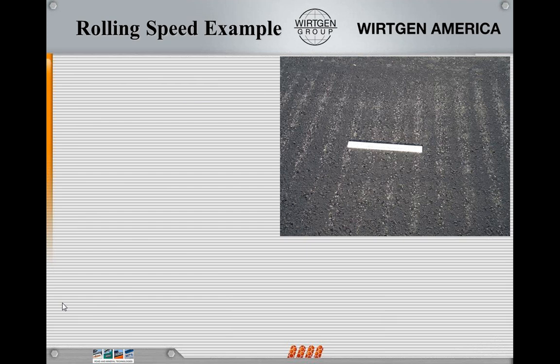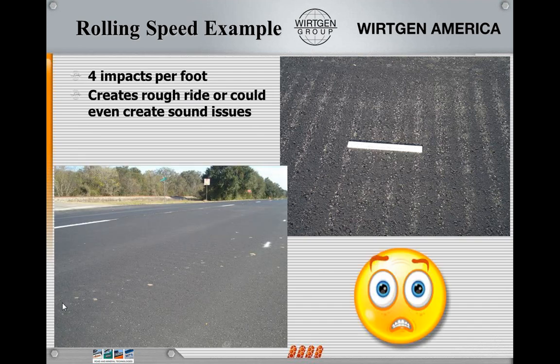Looking at that, that's 4 impacts per foot. So really, at 4 impacts per foot, we're going to have to run 3 passes just to get what we could do with 1 pass. Not a very good thing to do. I don't know if you can see from the picture, but you can see the ripples in the roadway. It definitely is something we want to make sure we don't do.